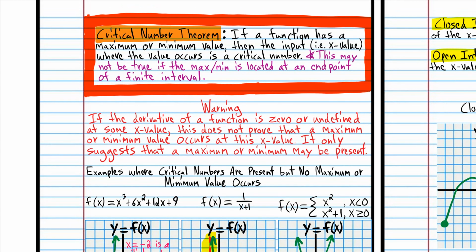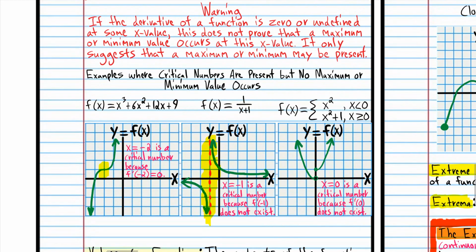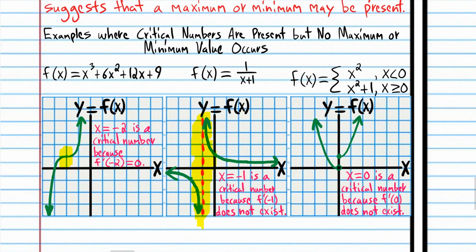If you want to look for maximum and minimum values of a function, you know that they're going to be at the critical numbers, the numbers that make the derivative of a function undefined or 0. But just because you find a critical number doesn't mean that a maximum or minimum value is going to occur there. So here's some examples where critical numbers are present but no maximum or minimum values occur.